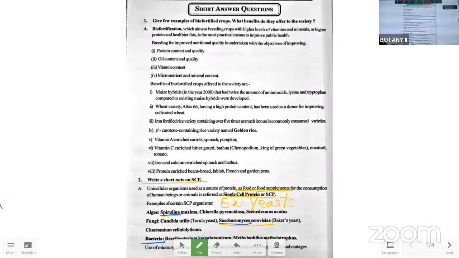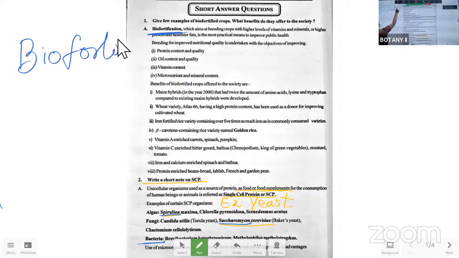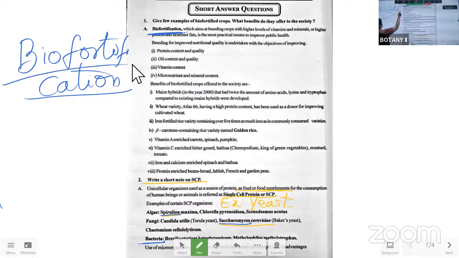Okay, next one is biofortification. What is meant by biofortification? First of all, we have to give the definition for this.